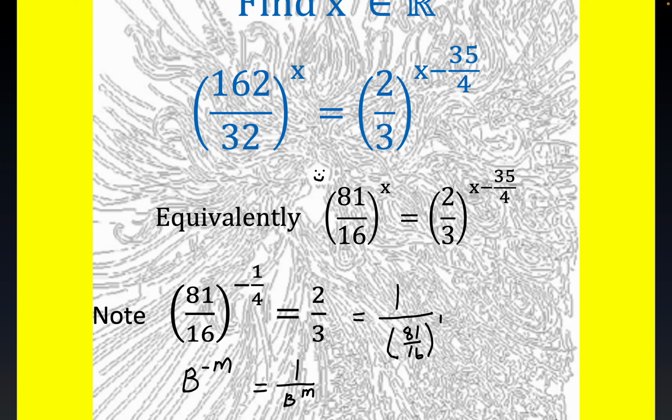You know, the fourth root of 81 is 3. The fourth root of 16 is 2. And so this is equal to 1 over 3 over 2, right? Again, this is just the idea behind the rule about negative exponents. You don't necessarily have to, I was just showing it in case some of you may have forgotten. But 1 over 3/2 is the 2/3 that you see right here.